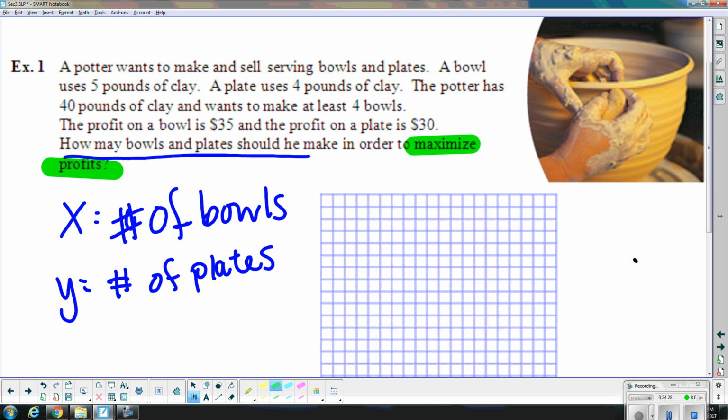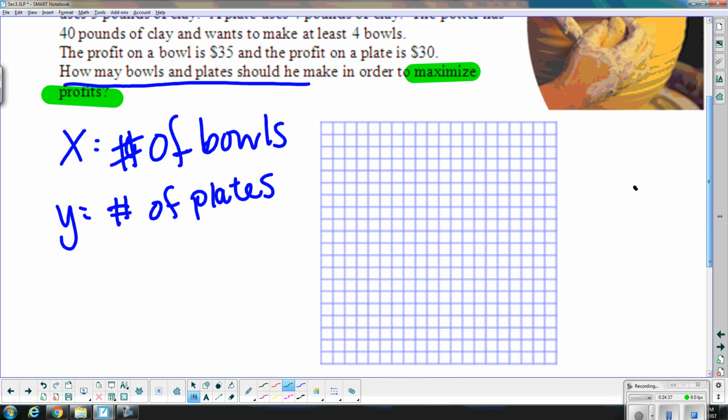So you can write your constraints first, or you can write your objective function first. Since we're talking about it now, let's just write our objective function. So how do we maximize profits? We're dealing with our variables x and y, where x is the number of bowls and y is the number of plates. And we know that the profit of a bowl is $35.